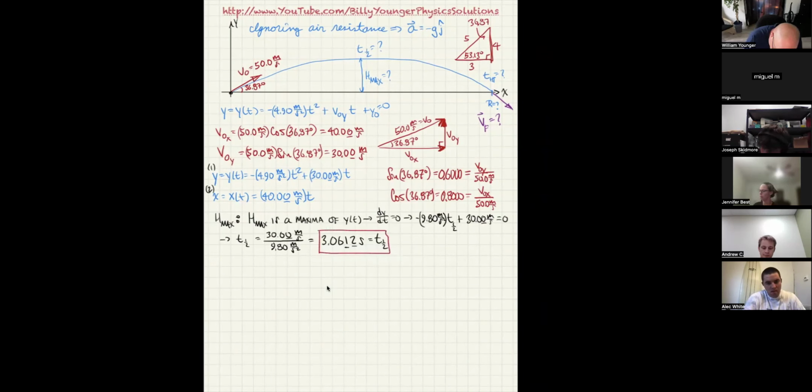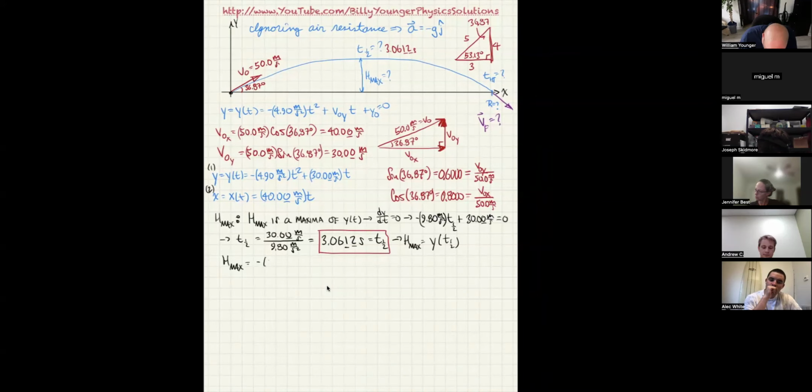I can write that right up here. Now, according to our method, I'm going to plug that in y because H max is equal to y of t1/2. So I'm plugging it into equation 1.